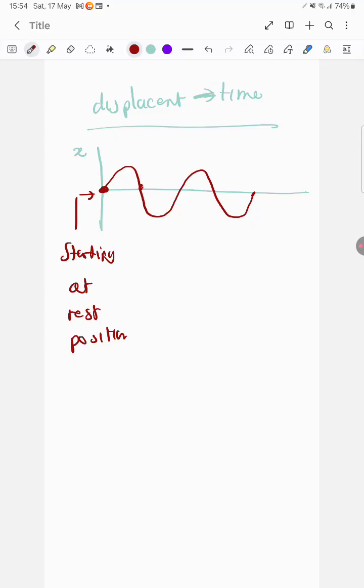So here it's now back at rest position. Then now it's going into the negative. It's overshot the rest position. And then back at rest, coming back into the positive again, and so forth. So displacement is on the y-axis and time is on the x-axis.